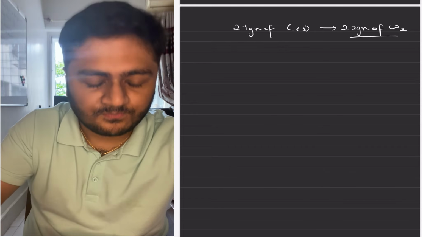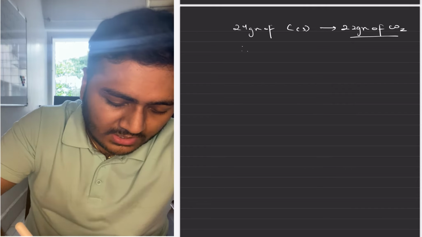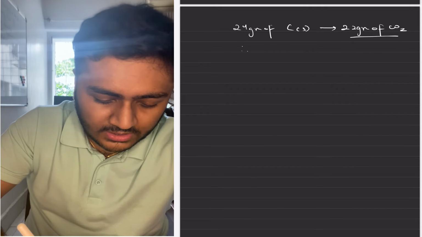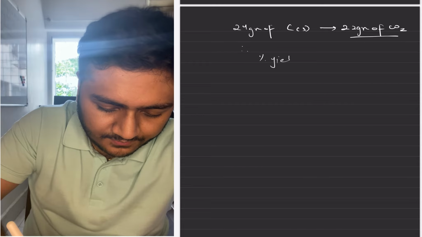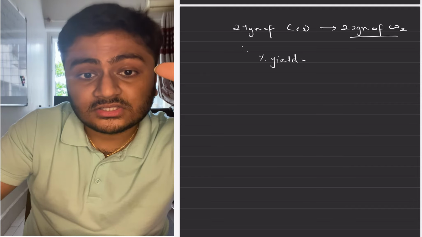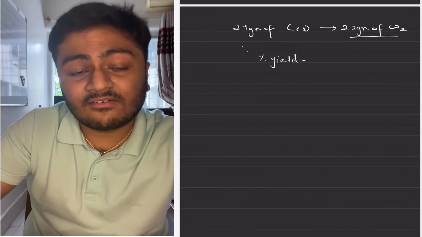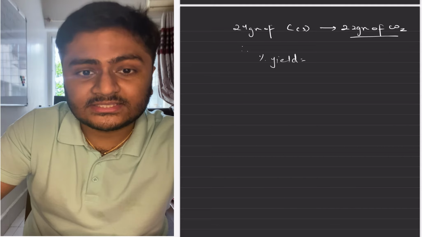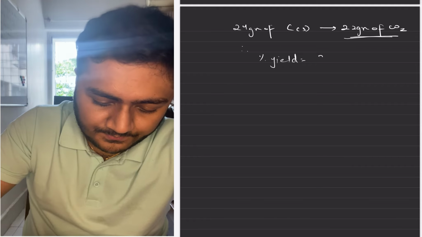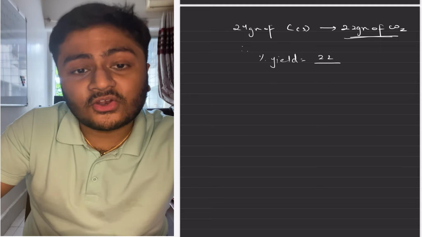grams of CO2. Therefore, I can say that the efficiency or the percentage yield is the actual product. The actual product is always given in the question. In this case, it is 22 grams divided by the theoretical weight.